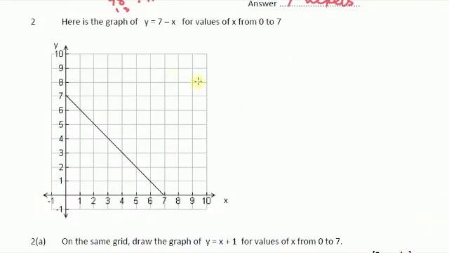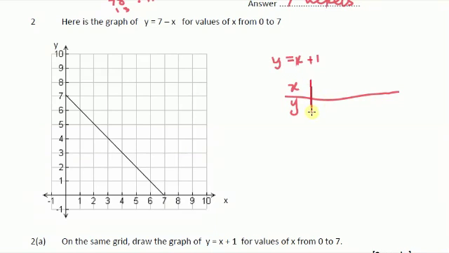Question 2. Here is the graph of y equals 7 minus x for values of x from 0 to 7. On the same grid, draw the graph of y equals x plus 1 for values of x from 0 to 7. So y equals x plus 1. Let's make a few numbers in our table.